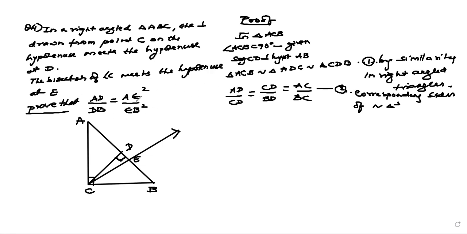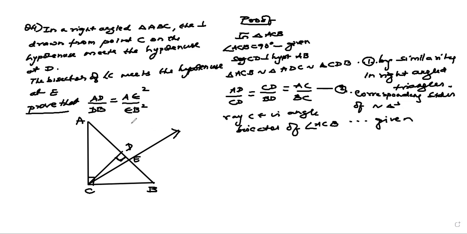Then how to get this AE and EB? So again, children, in triangle ACB, what do you see? Ray CE is an angle bisector of angle ACB, given to you. Whenever you see an angle bisector, we can use the property of angle bisector.